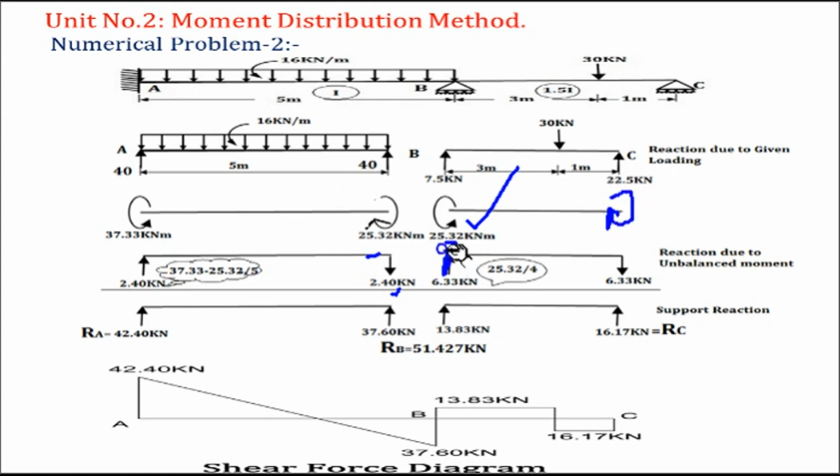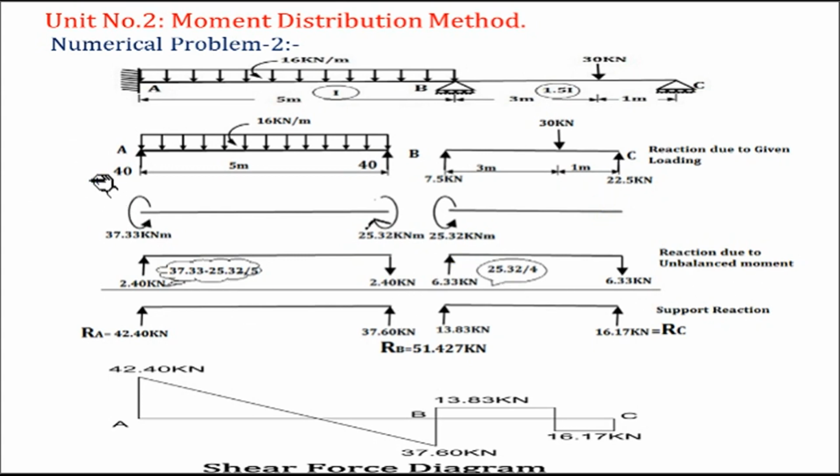So your arrow should be up. That's why the arrow is shown up. At the far end, the same force, just show in the downward direction. So it will form a couple and create the moment at this end, and it will balance 25.32 kilonewton meter. So according to that you have to calculate the reaction due to the unbalanced moment.